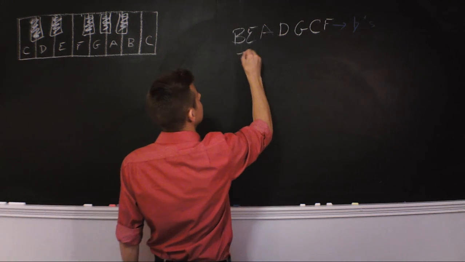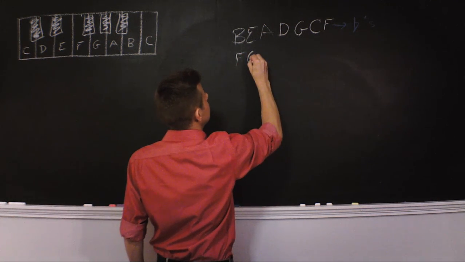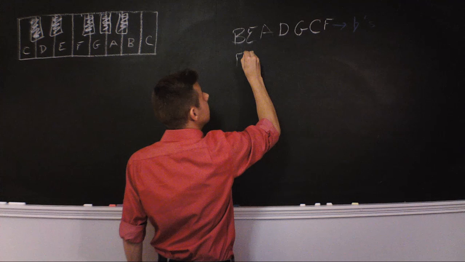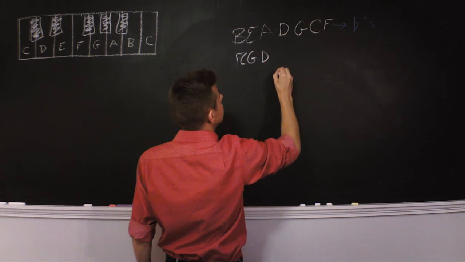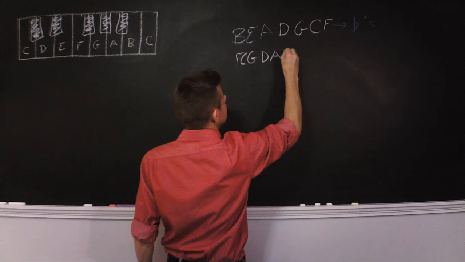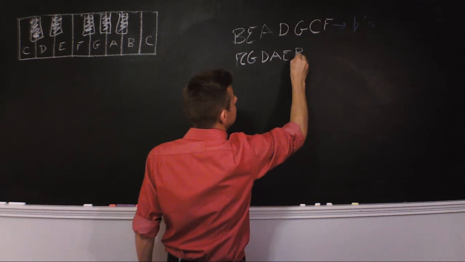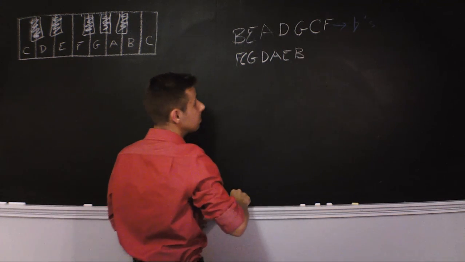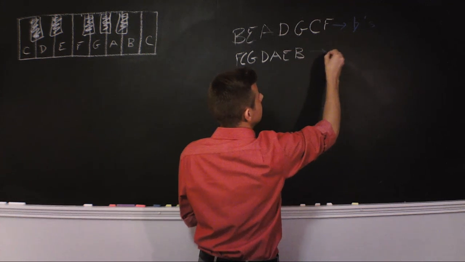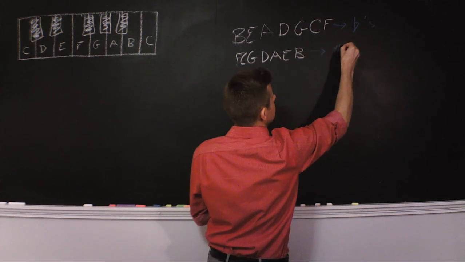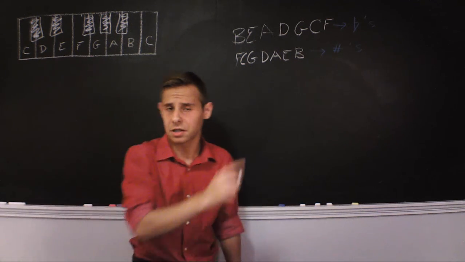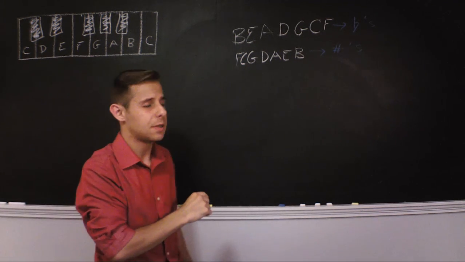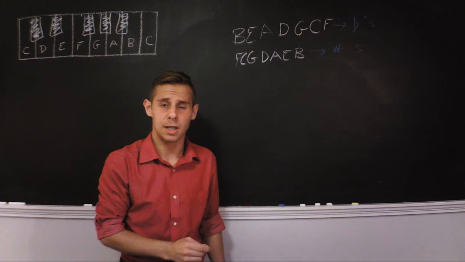So we shall do that. And not only do they go in a certain order, but they also go in a certain order when you write them on the staff.